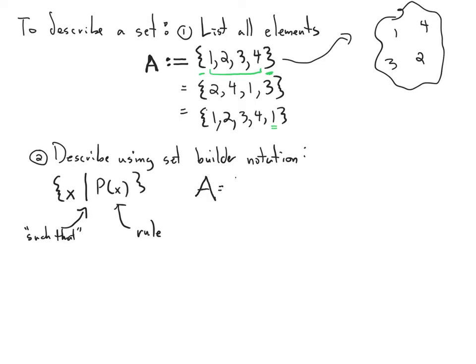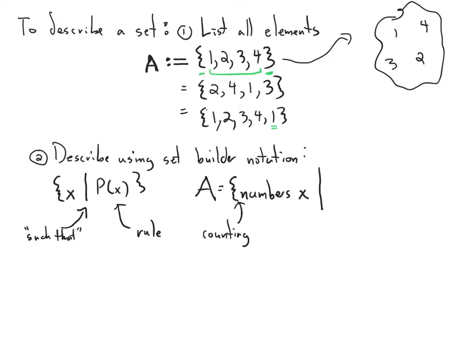Okay. So if I wanted to write A in set builder notation, I might write it like this. There's many different ways, but I could explain what's in it. So it's going to be numbers x. So they're numbers. And in fact, I'll even clarify here, they're counting numbers.